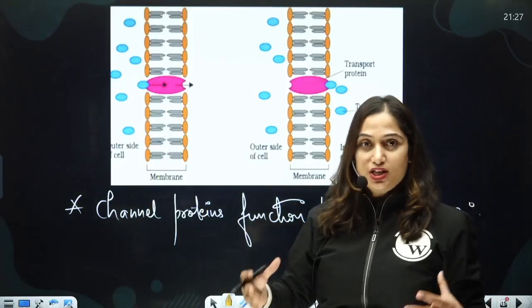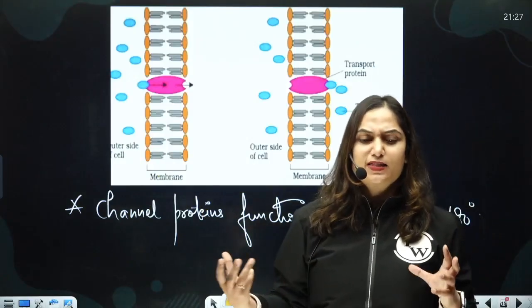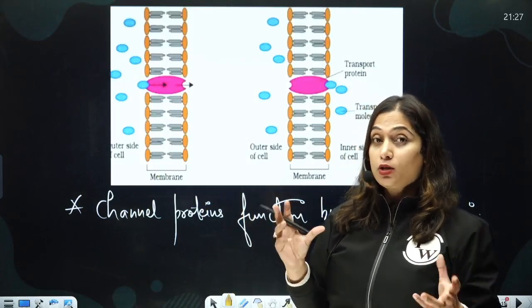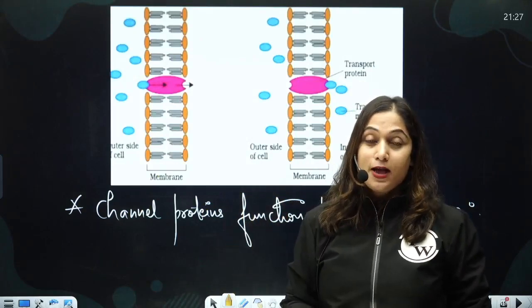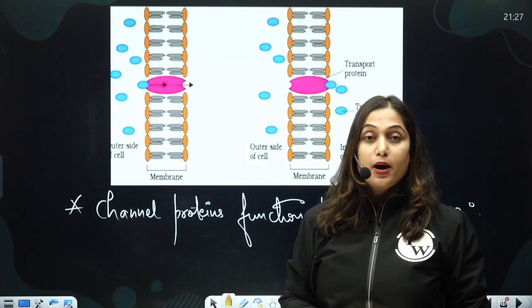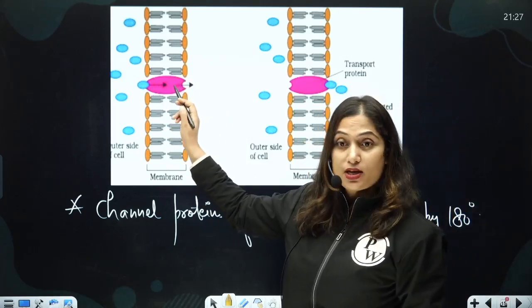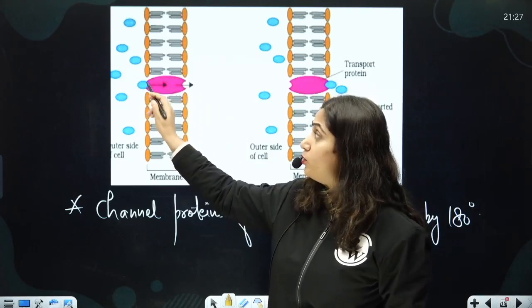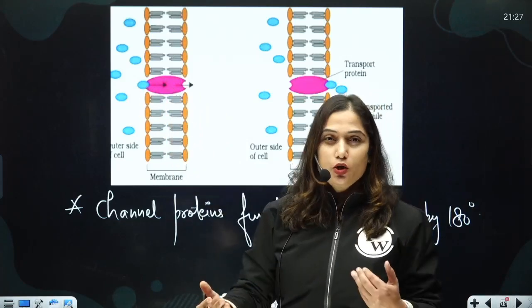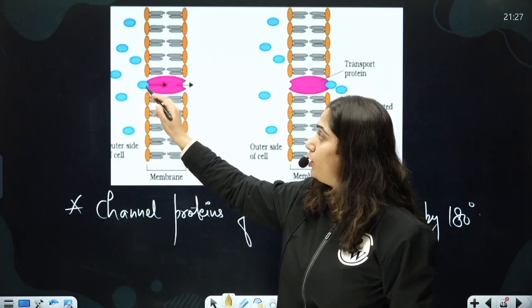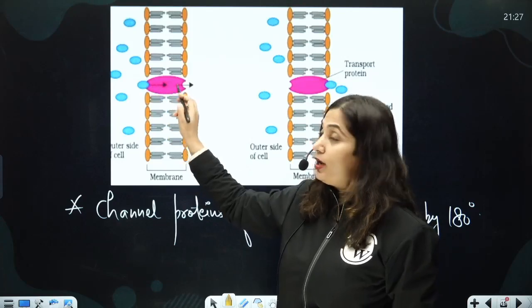Now how do these channel proteins or membrane proteins function when they transport the molecules across the membrane? By rotating by 180 degrees. This is the membrane protein present in the membrane. This is the molecule outside the cell which is ready to be transported. So this molecule gets bound with the membrane protein.